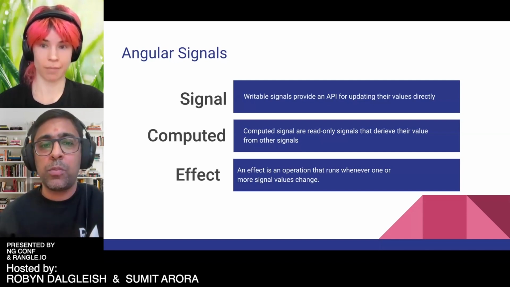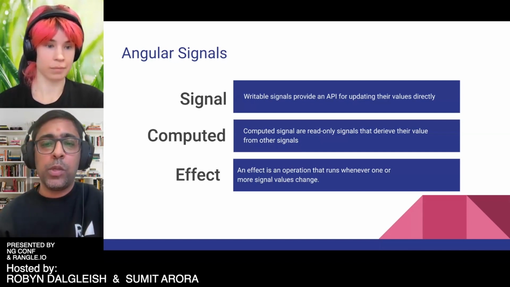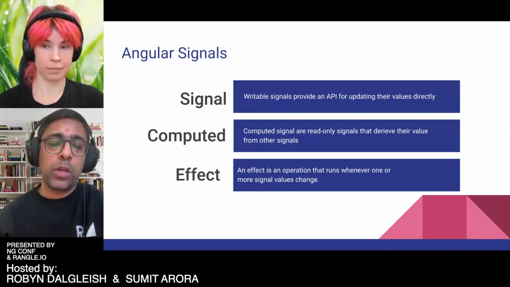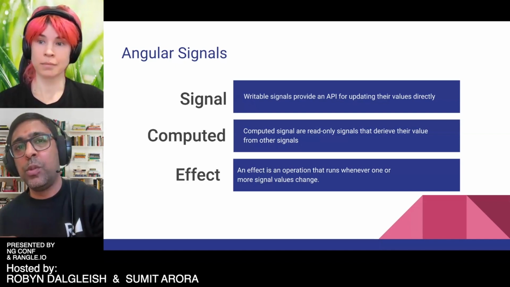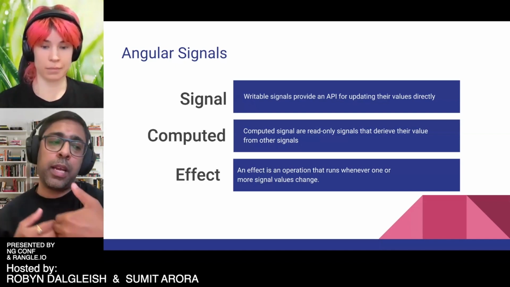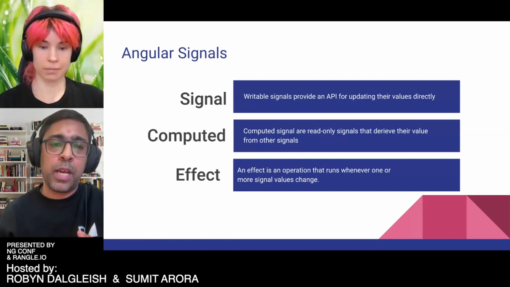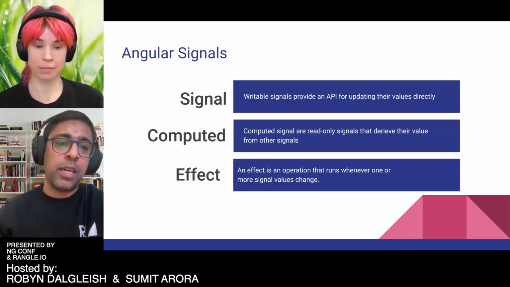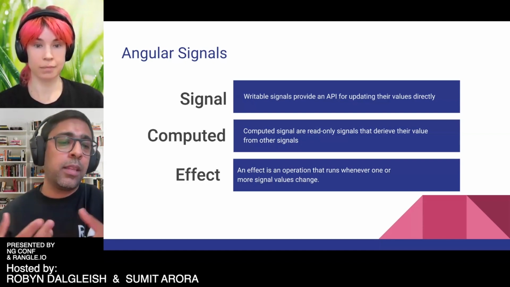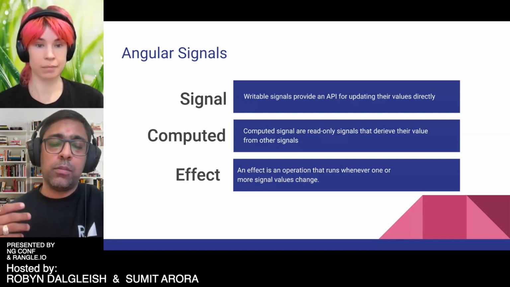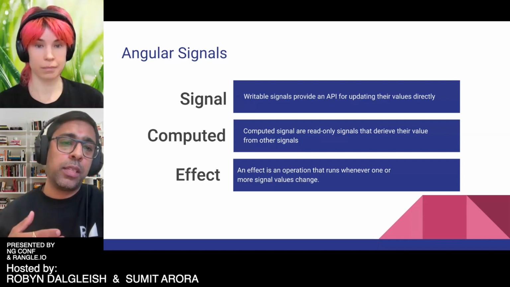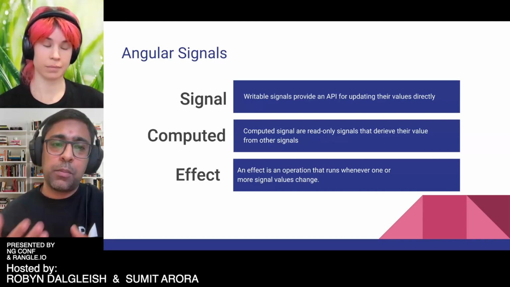They also provided computed signals, which we'll see in action in a bit. Basically, you can use a signal to get a computed value from that, and whenever that signal changes, the computed value also changes and reflects on the UI. And effect, which is when you want to look for whenever the signal value changes and then you want to run an operation, you can use effects as a part of that.